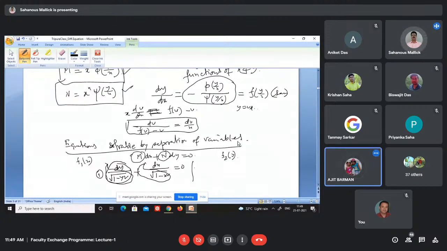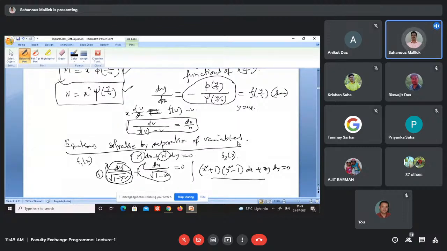I give another example. (x square plus 1)(y square minus 1) dx plus xy dy equal to 0.